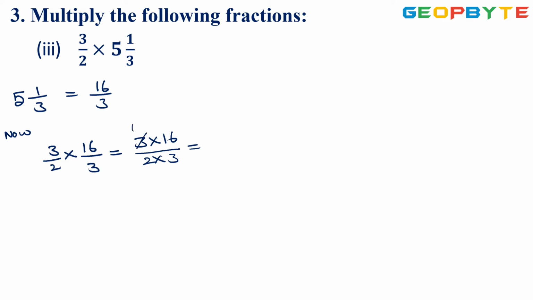So 3 ones are 3 ones are. Again in denominator we are having 2, here 16, 2 8s are 16. So what we'll get, 1 into 8 by 1 into 1, which is equal to 1 8s are 8 by 1. 8 by 1 is nothing but 8. So the result of 3 by 2 into 5 1 by 3 is 8.